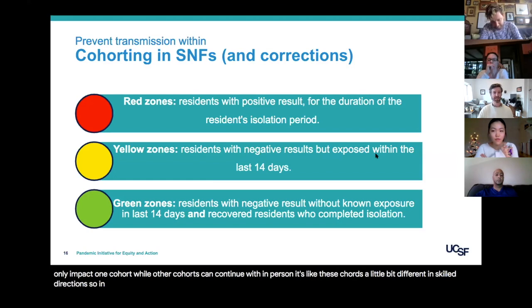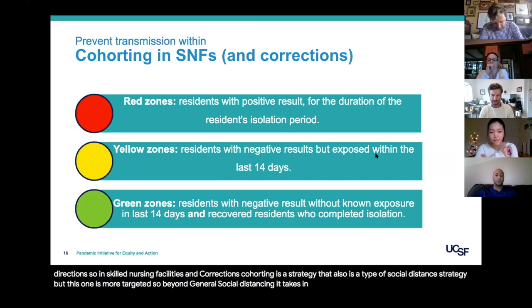So in skilled nursing facilities and corrections, cohorting is also a type of social distancing strategy, but this one is more targeted. Beyond general social distancing, it takes into account residents' exposure and infection status.